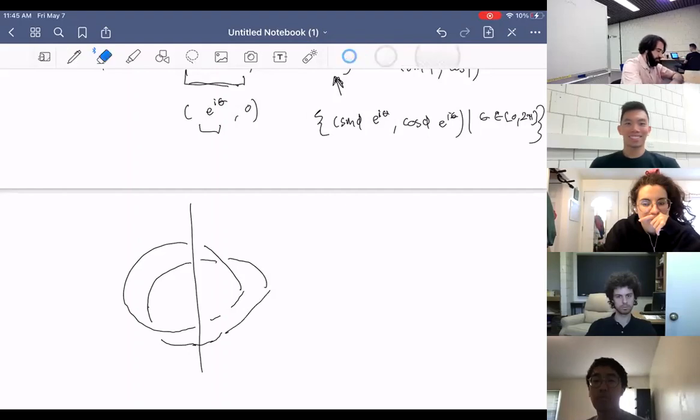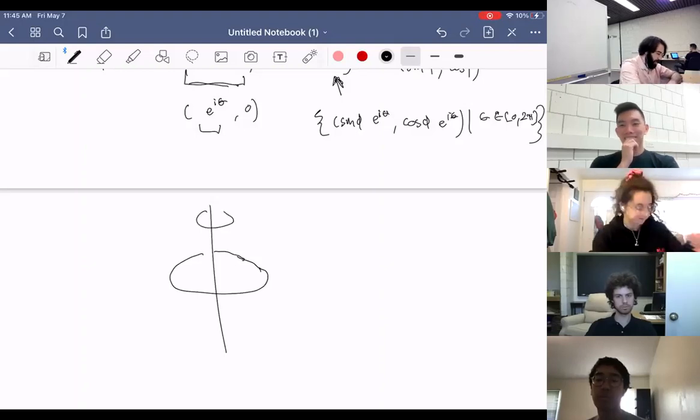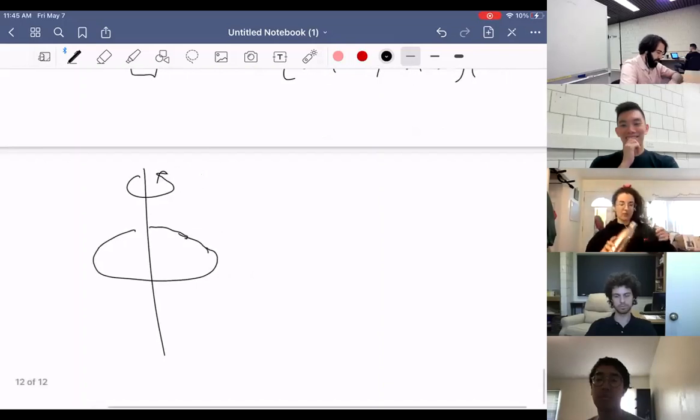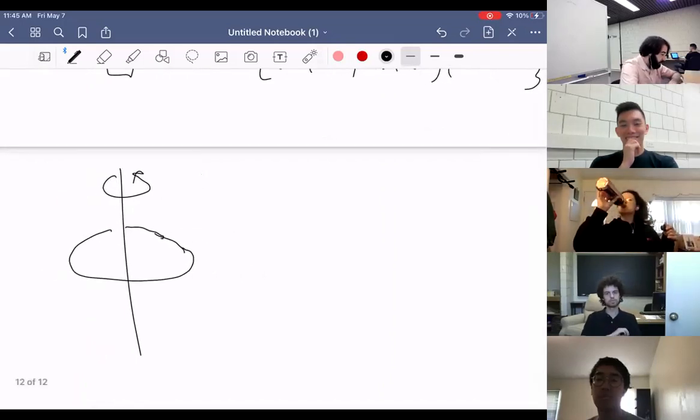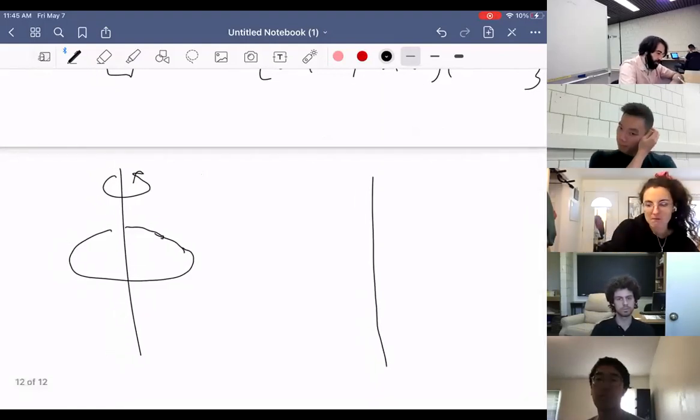Okay. Forget that. The real way to see these curves is actually to take rotations about the z-axis anyways. So I'm just going to skip trying to draw the curves individually and just draw it like that. We're going to take the curve and try to do a rotation about it.